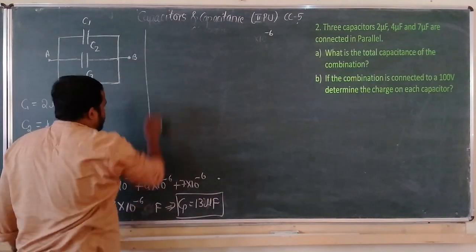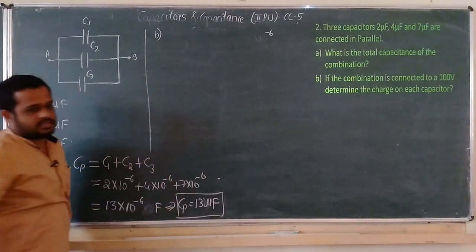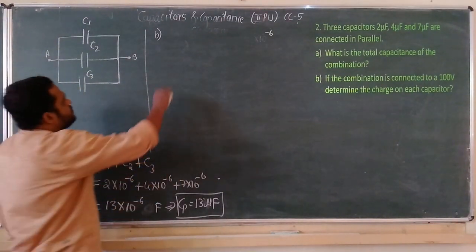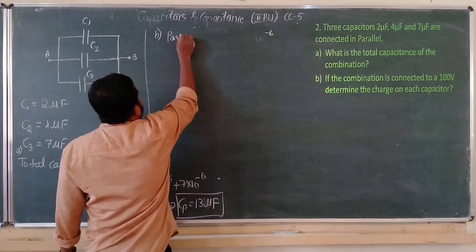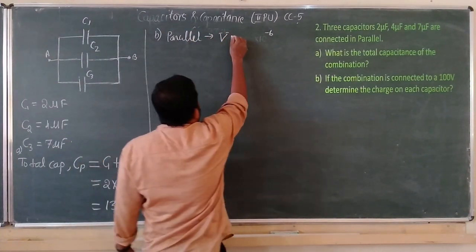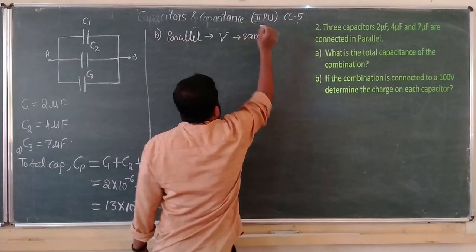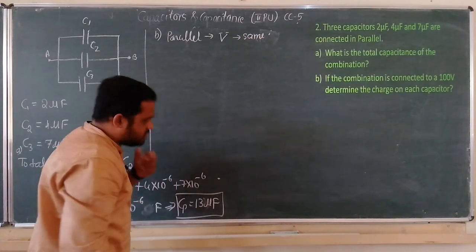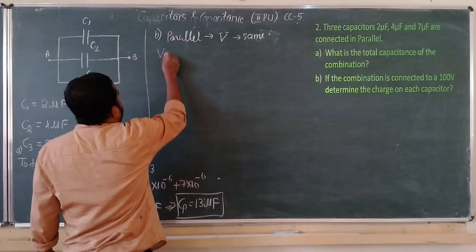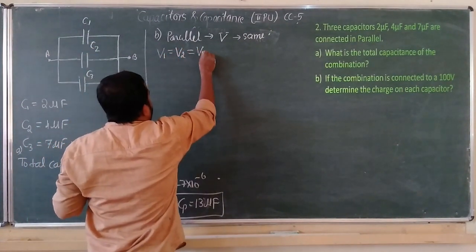Next, let us solve the second part: what is the amount of charge stored in each capacitor? In the case of a parallel combination, the potential difference across each capacitor is the same. So V1 is equal to V2 is equal to V3.